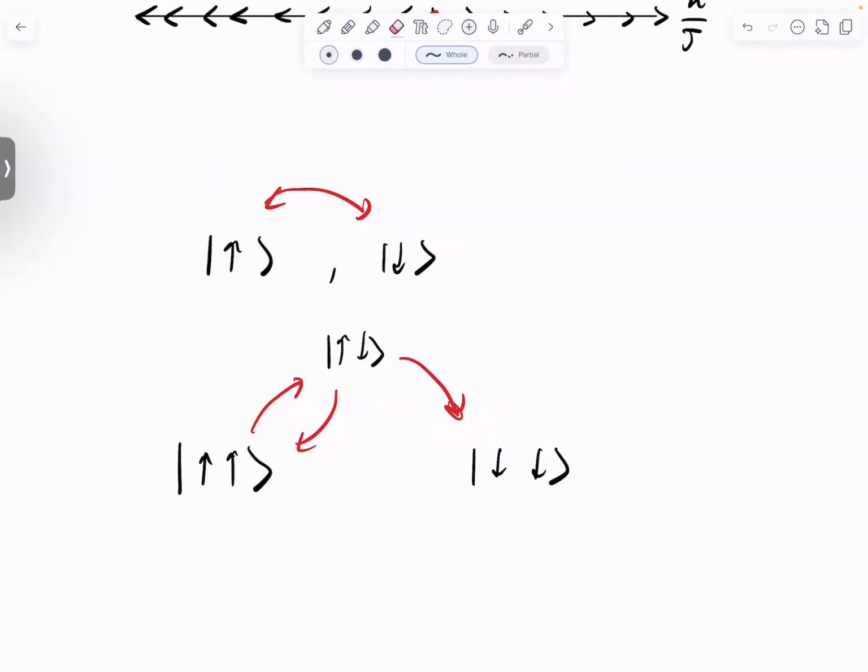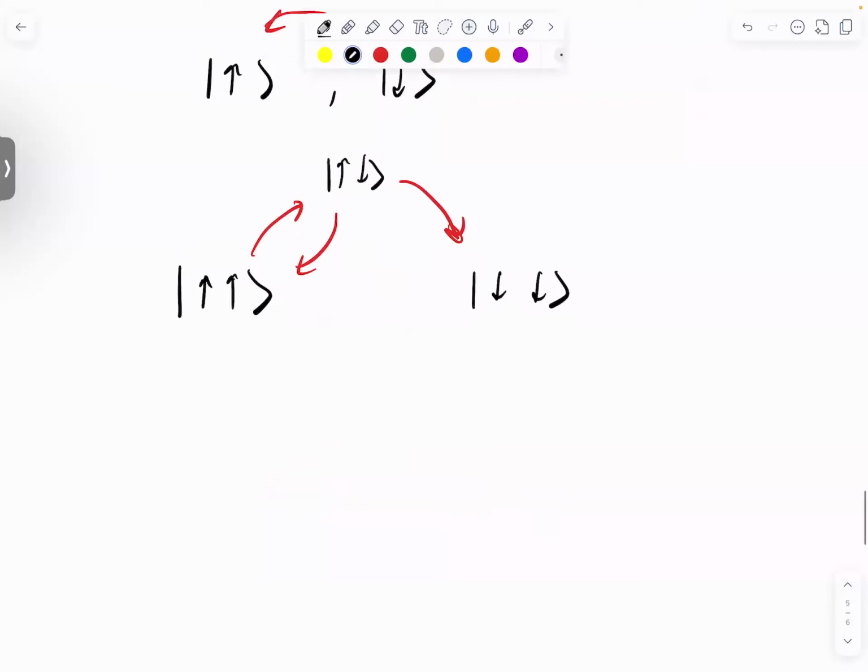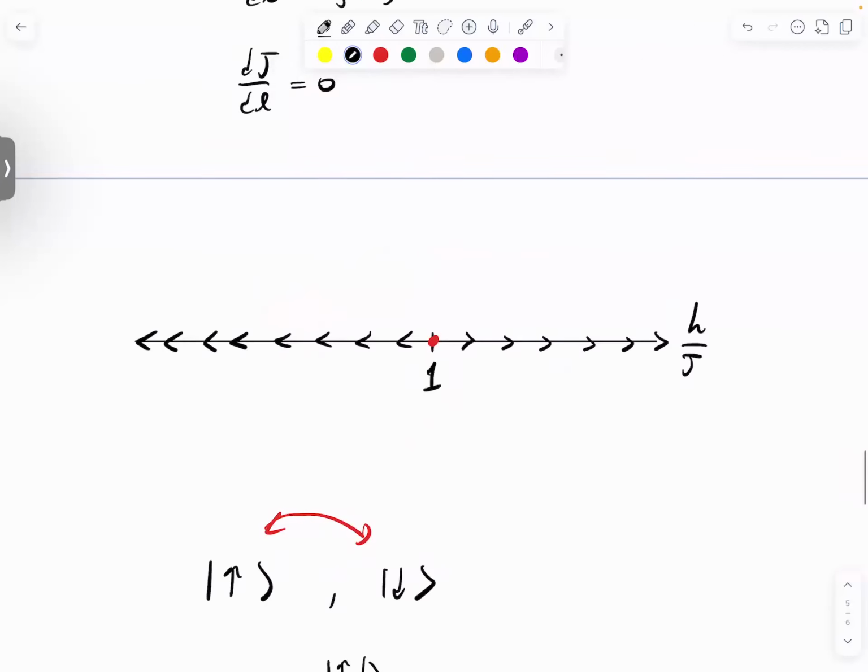Maybe I'll make a comment. First of all, just to make a connection, what we found here is that beta of H is H over J minus 1 times H. And I divided this behavior.